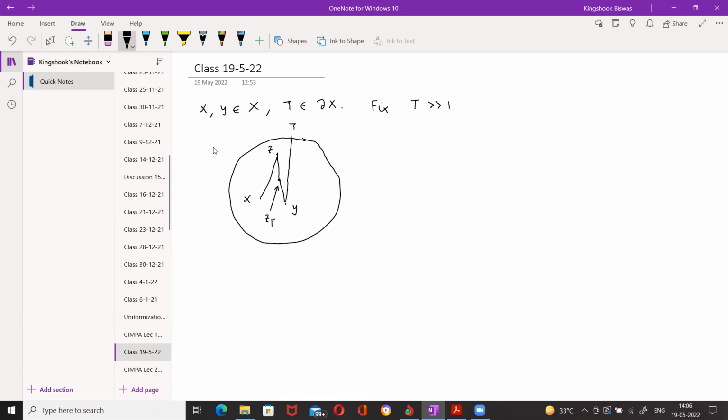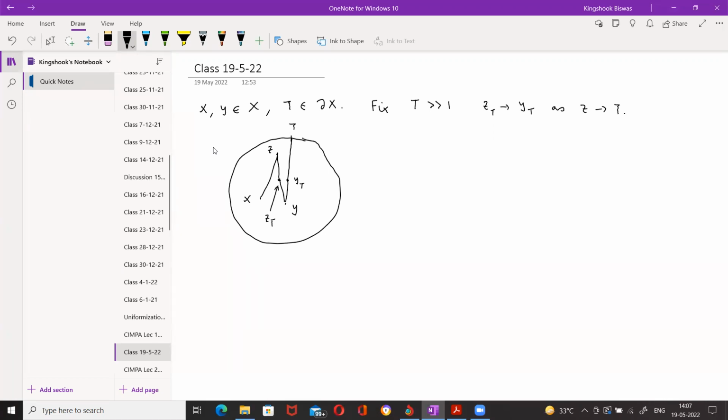So z_t will converge to the point y_t at distance t along the geodesic from y to xi. This is by definition of the cone topology.